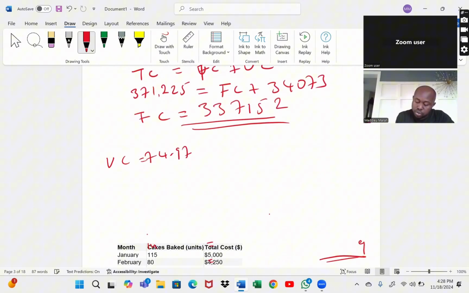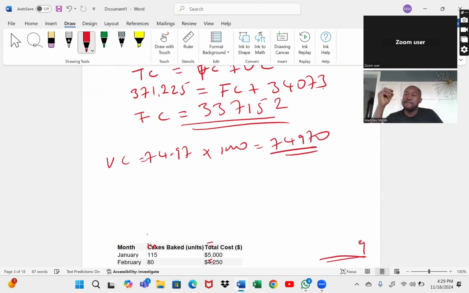Multiply by the number of units, 1,000: 74.97 multiplied by 1,000 gives 74,970. This will be our variable cost in total.